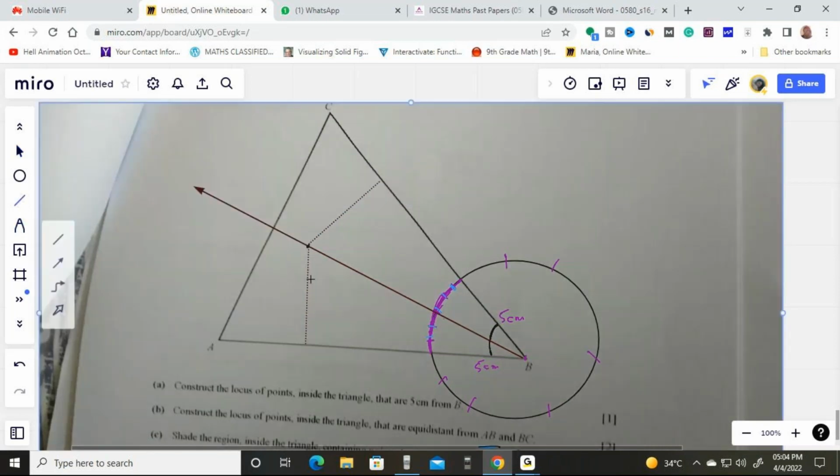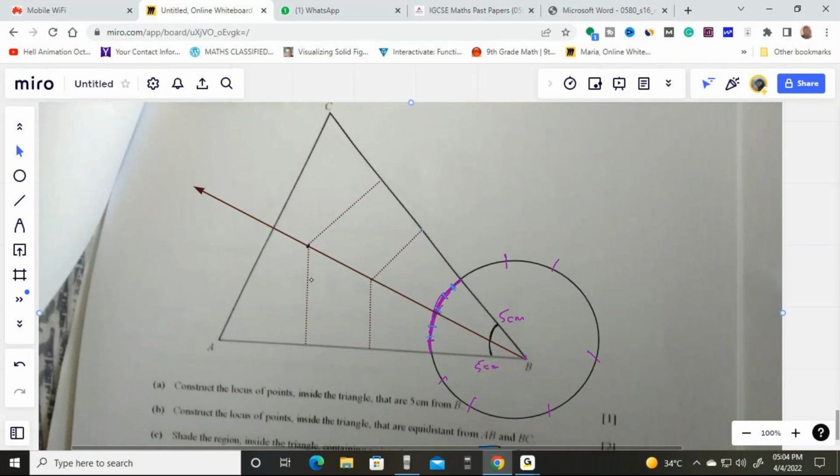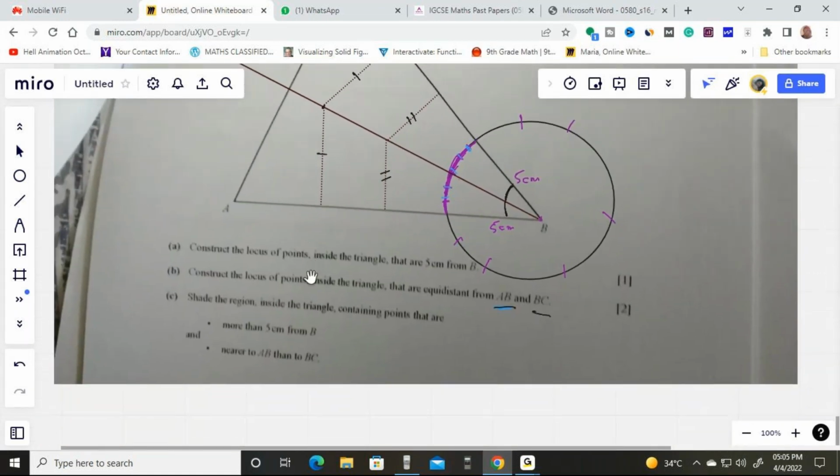Similarly, if I pick up this point and measure the perpendicular distances, they are the same. This length and this length, this length and this length. So that's how you draw the locus. The 2 marks are for constructing your angle bisector. No need to write the steps of construction.